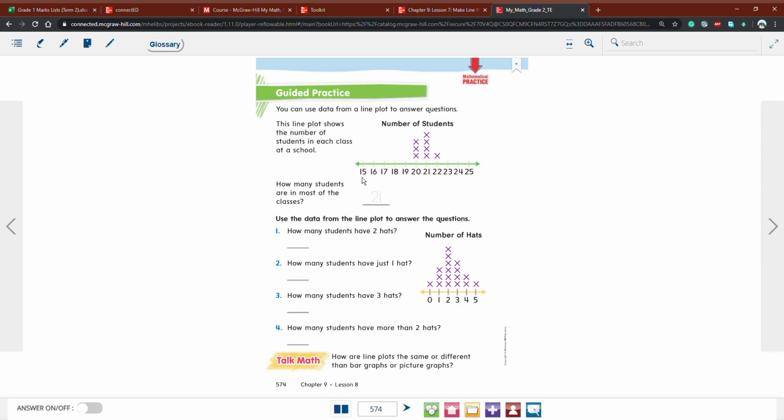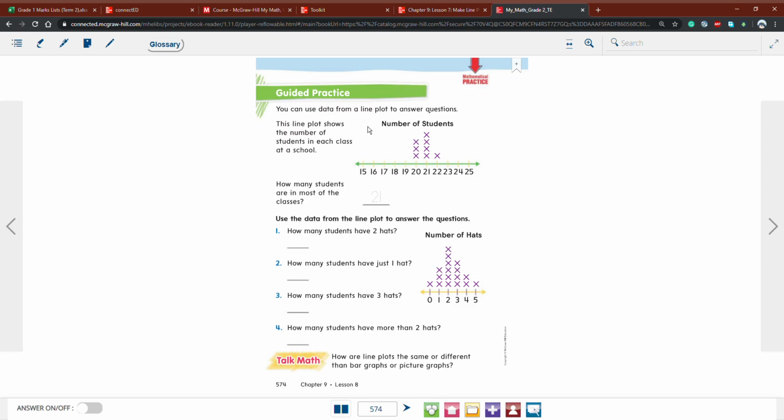Here is the number of students, and here is the number of classes that have the same number. So here we have 3 x's, so I have 3 classes that have 20 students inside. Here I have 4 x's, so I have 4 classes that have 21 students inside. And here I have 1 x, so one class has 22 students inside.